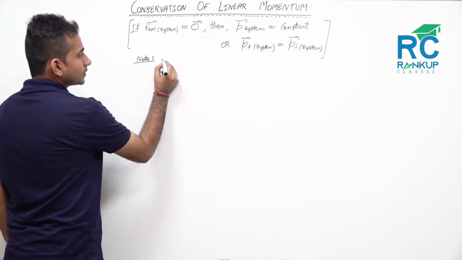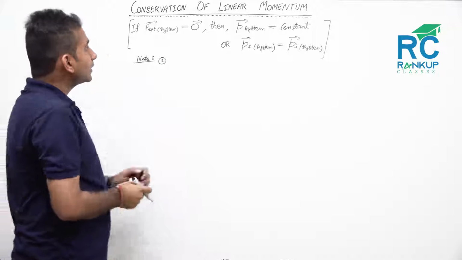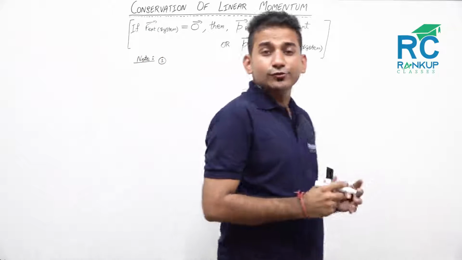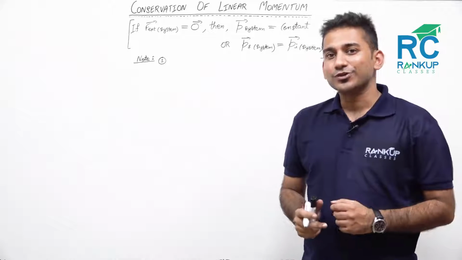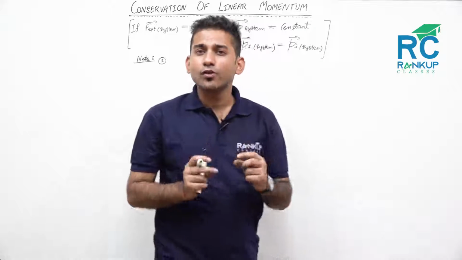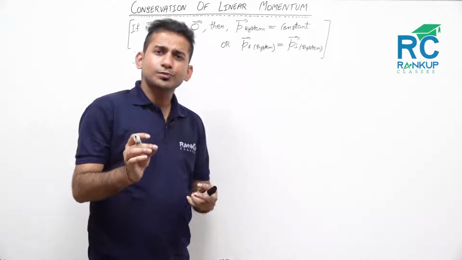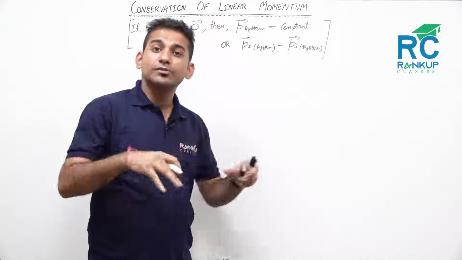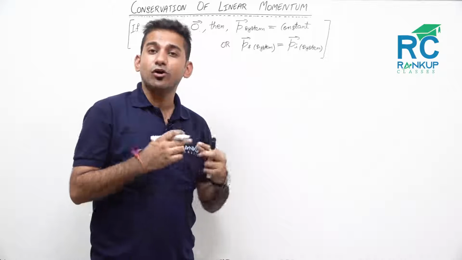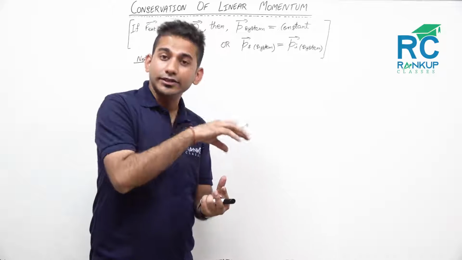The first one is, whenever we are saying that there is an external force acting on the system, one must think about what should be the choice of system. The system should be chosen in such a way that the maximum number of forces, or you can simply say all the forces, will become internal.